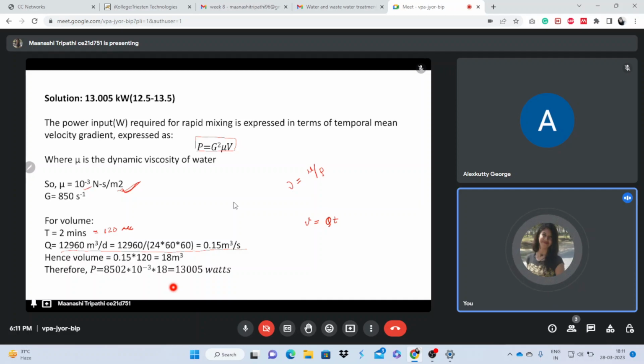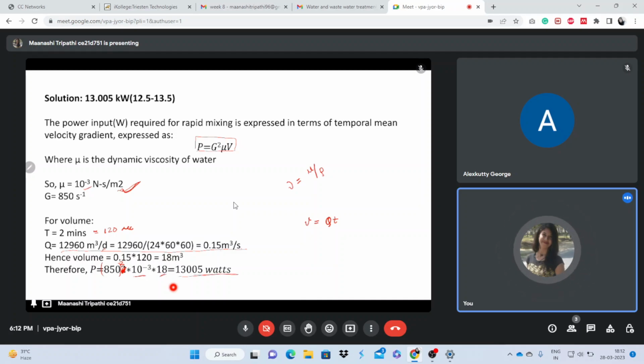Then we put that in the formula and calculate everything. This is not 8250, this will be squared: 8250 square into 10 raised to power minus 3, that is the mu value, and this is volume in meter cube. This is what we get in watts.